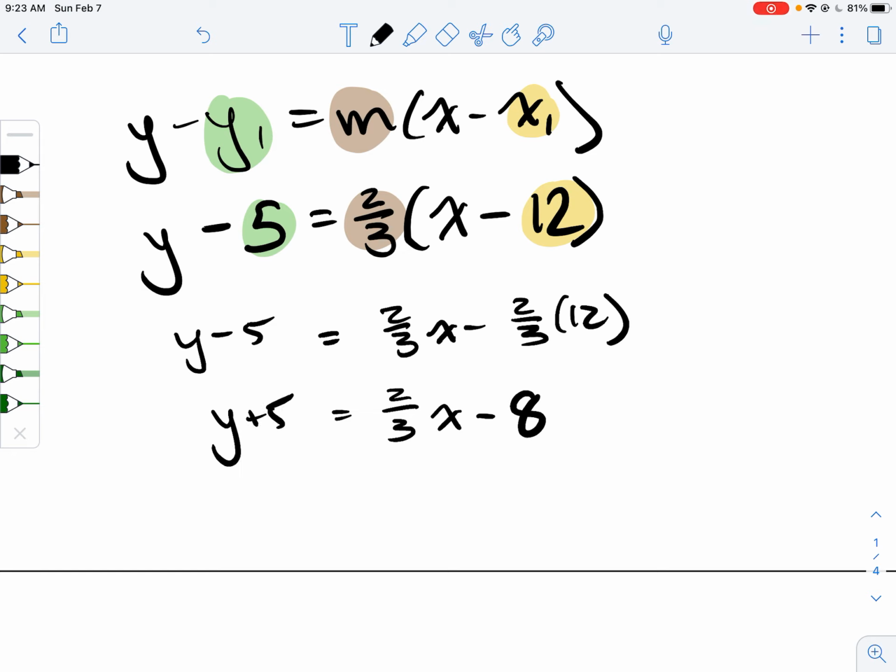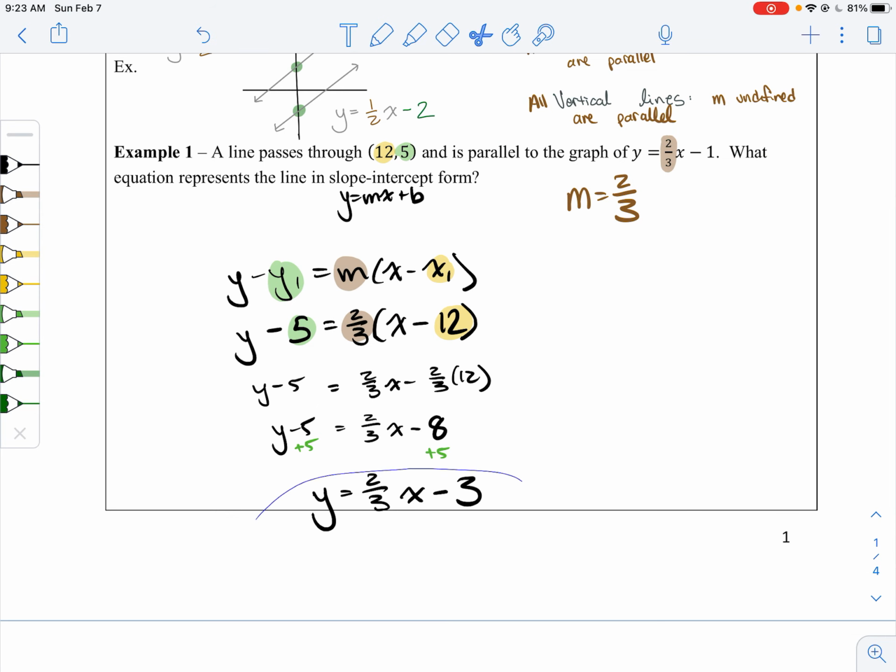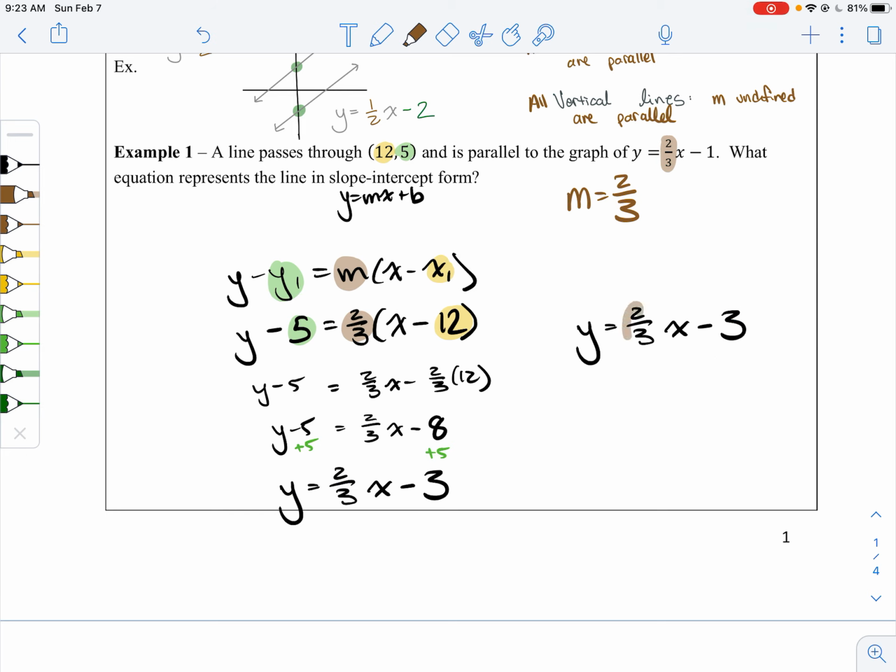And if we want to get y by itself, we need to add 5 to both sides, giving us y equals 2/3 x minus 3. We've got our slope-intercept form, because our slope is 2/3 and our intercept is -3.